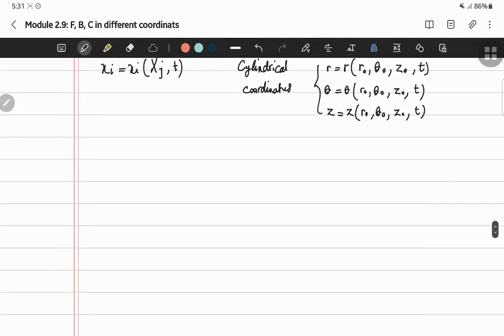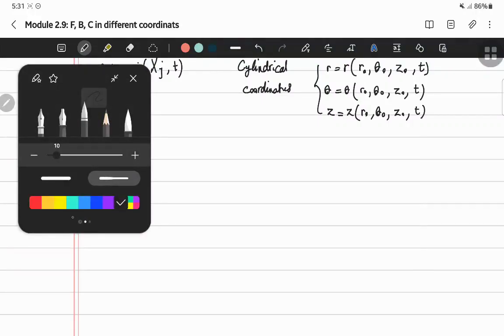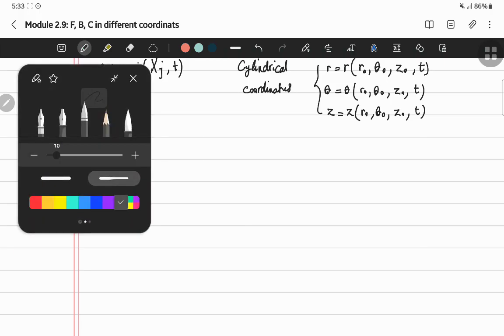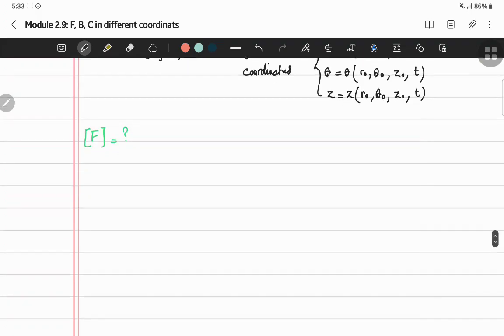So first of all, we're going to find F inverse. So let's get it started by calculating F, the deformation gradient. All right. So here, if you remember, we had dx equal to F dX.